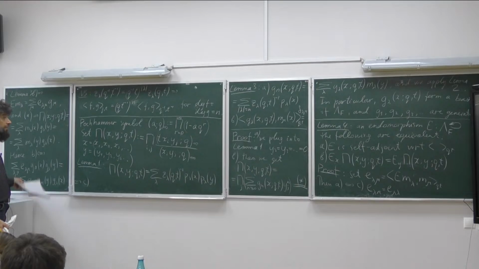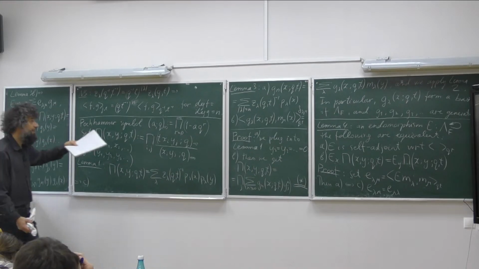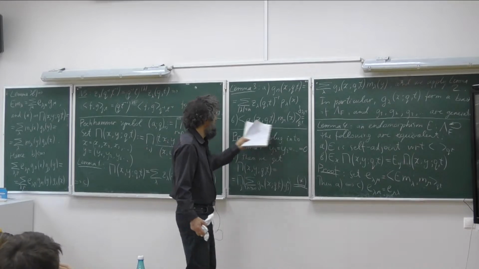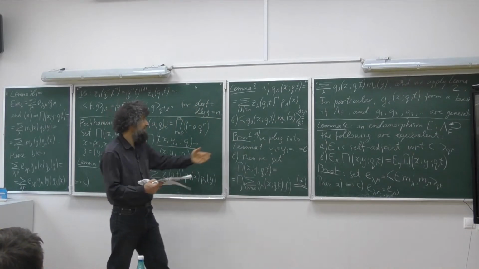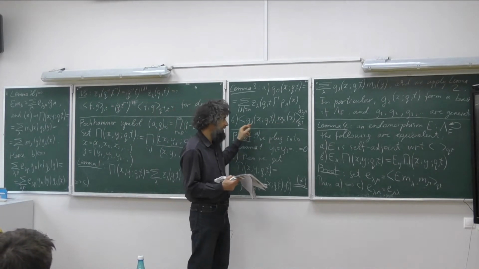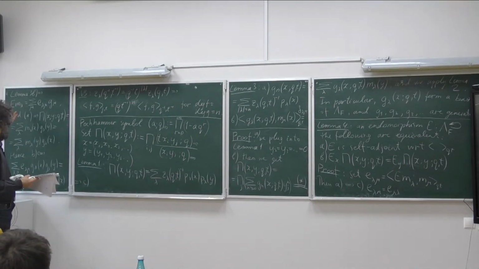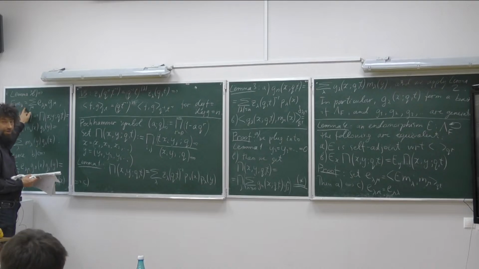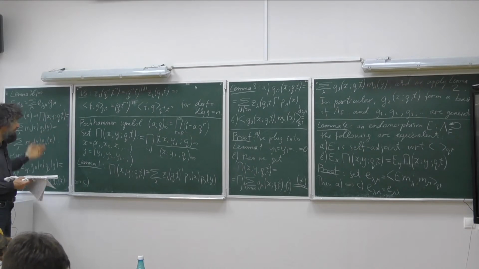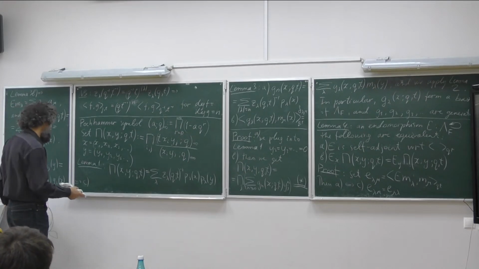Well, 3b, yeah, this part. It just says that those are dual bases. Since these are dual bases, I know how to compute the scalar product of E m lambda with m mu. This implies that E m lambda is this sum. Okay.